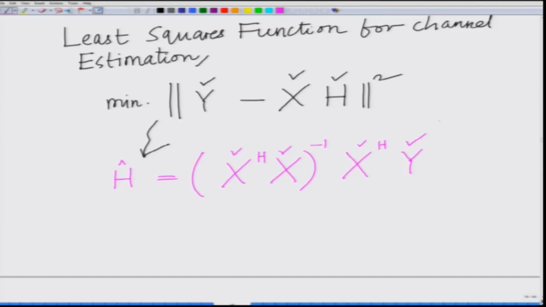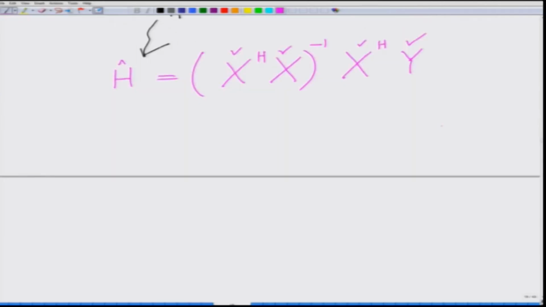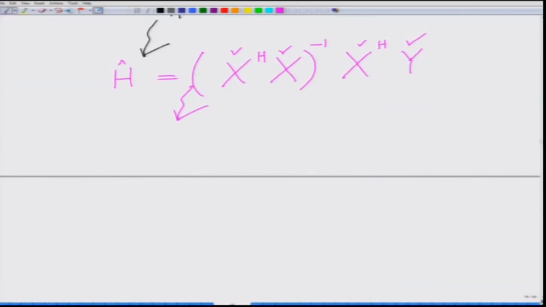This is the least square solution, and remember we said this X check matrix is a square matrix, it is diagonal, and it is invertible. Therefore, this can be simplified, since X check is invertible, to X check inverse times Y check.